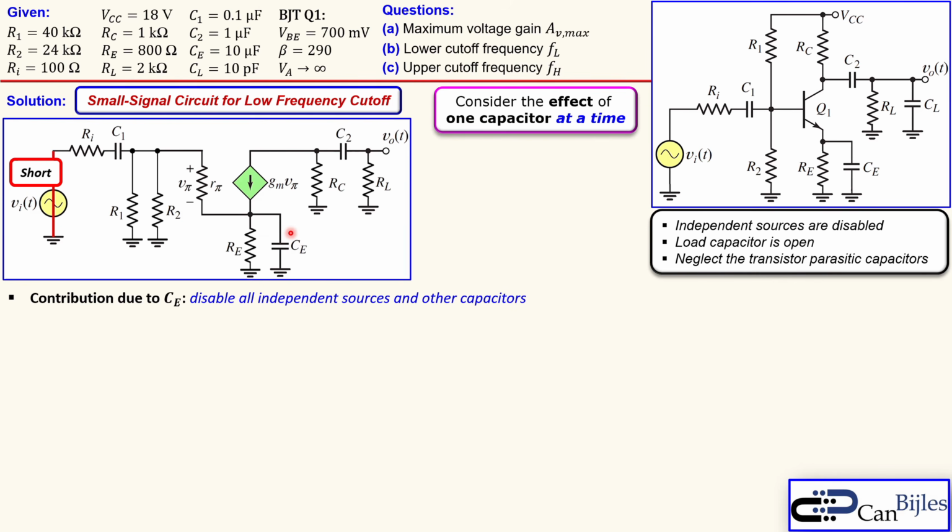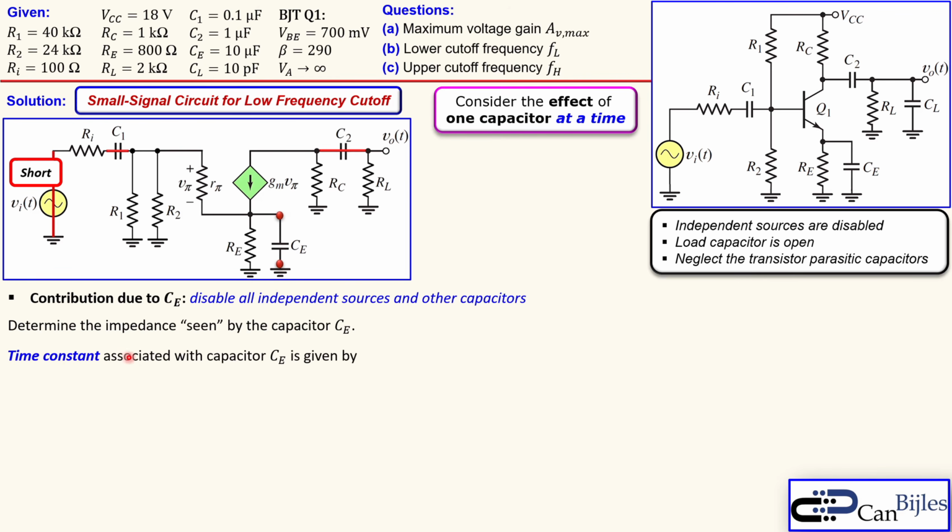So the next one is about the CE, as said, and now we will look between the two nodes of the CE. We've disabled C1 and C2, that's all shown here, and again the input voltage was already shorted. We now look at what we see as the capacitor CE node. So between these two nodes we need to determine the impedance.